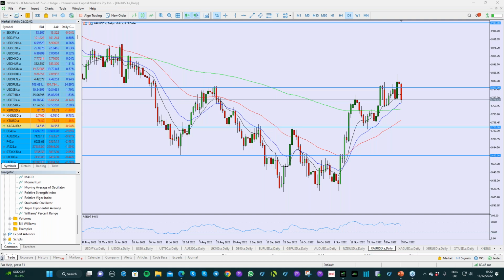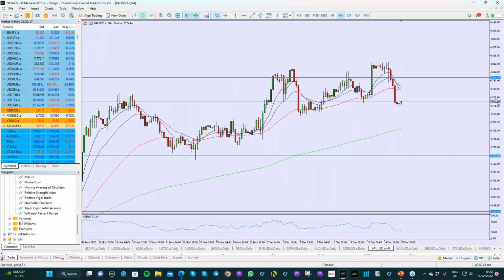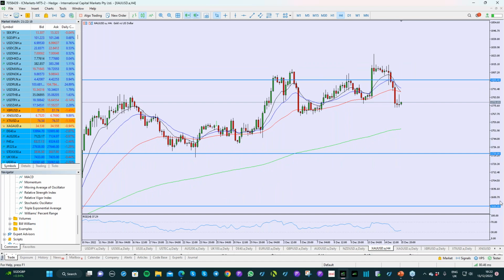In terms of intraday, yesterday I was looking at price above the 1800 level, and I was actually ready to place a trade with an entry above the high of this candle here and a stop loss beneath the low.